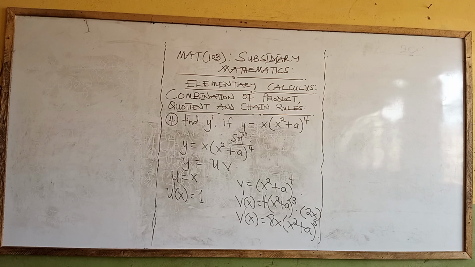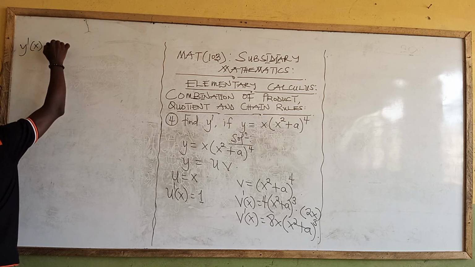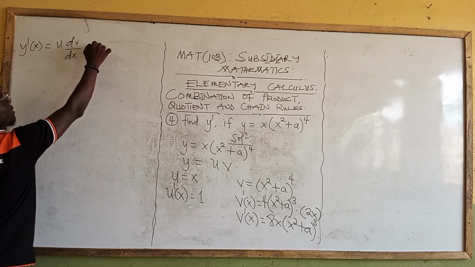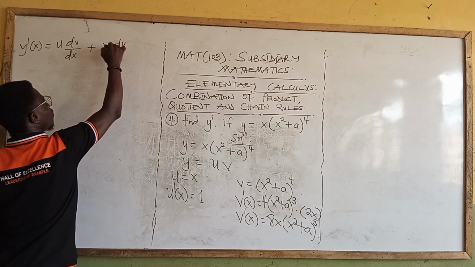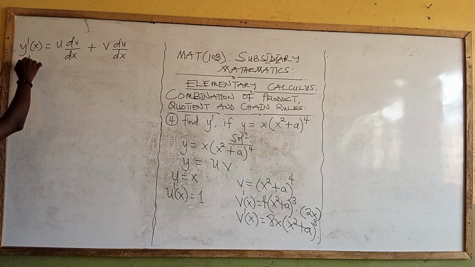Now we can apply our y prime of x, which must be equal to the same thing as we are differentiating y with respect to x. So our y prime of x can be written as u dv over dx plus v du over dx. So I get my differential of y with respect to x.